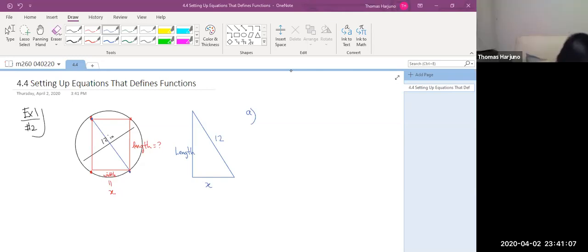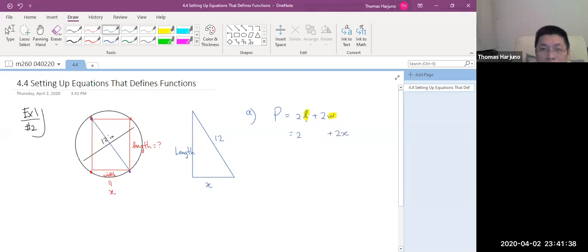Okay, so part A, the question is express the perimeter as a function of its width. Now the perimeter is twice the length plus twice the width. But I need to express this length first in terms of x. My w will be x, right? So this is 2 times something plus 2x.